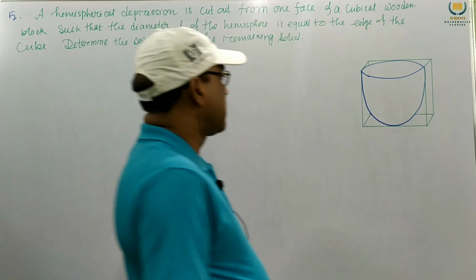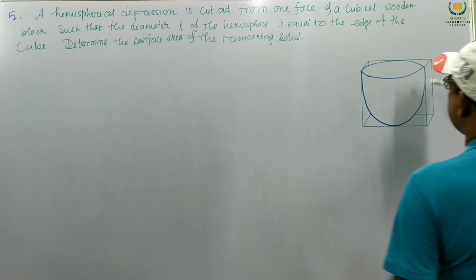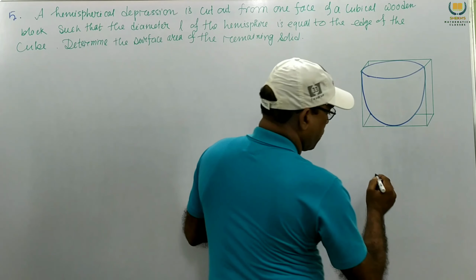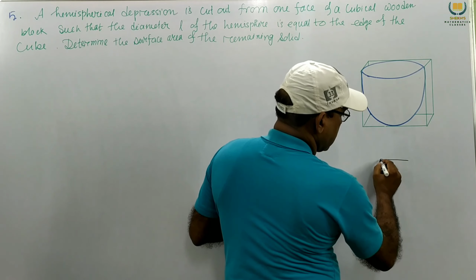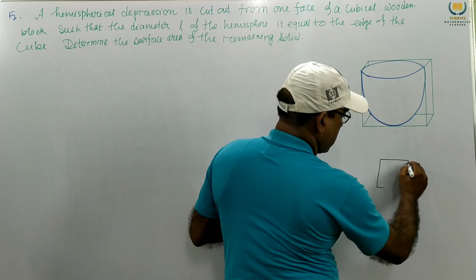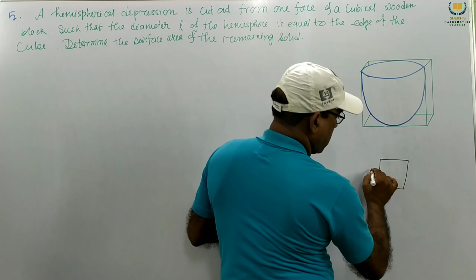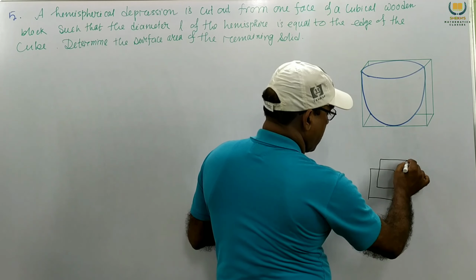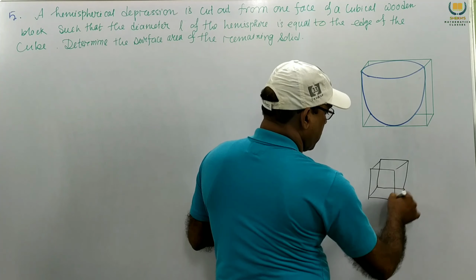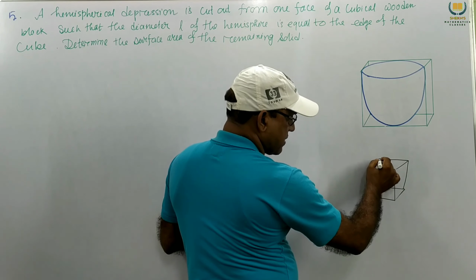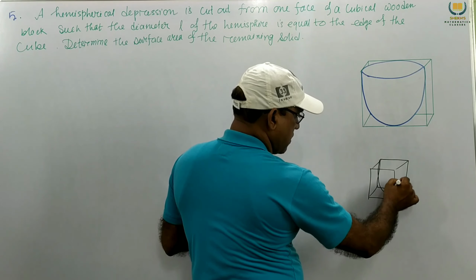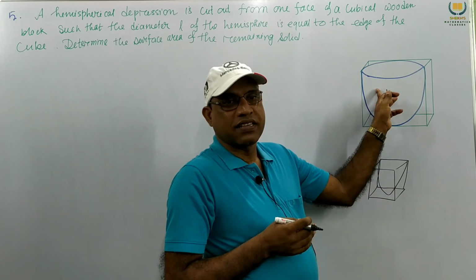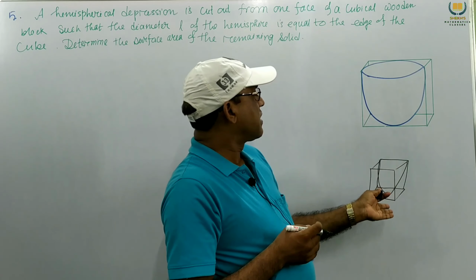So this is our hemisphere and this is the cube. Suppose this is our cube, and we are cutting this portion from it. The picture is this.